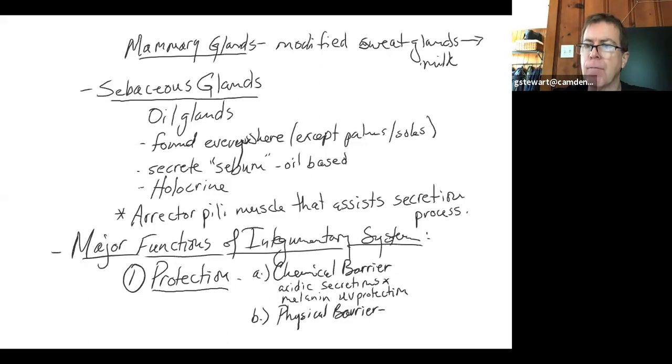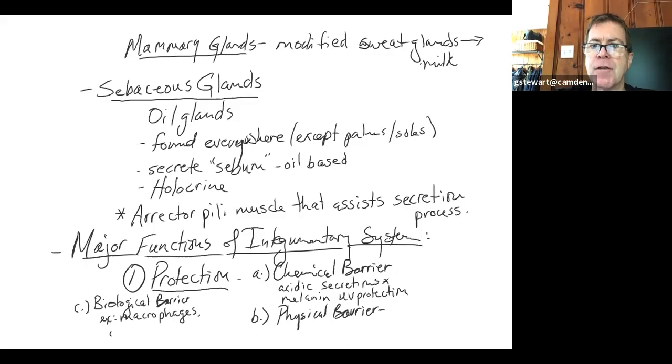And finally, I'm running out of space, so I'm just going to put a letter C over here, a biological barrier. That refers to things like, I'll give examples. Macrophages, these are cells, mostly immune cells, by the way.